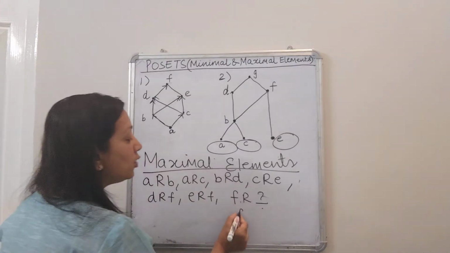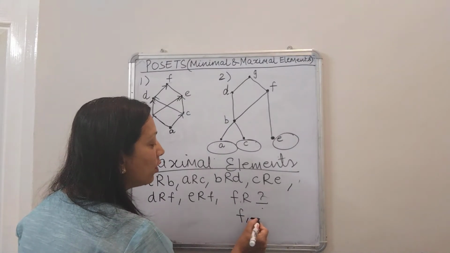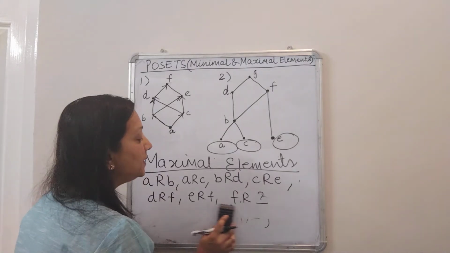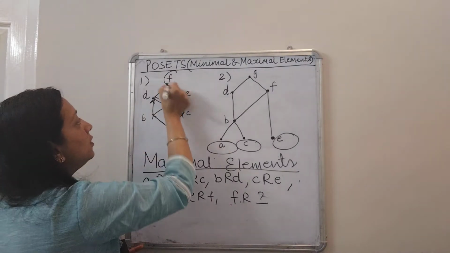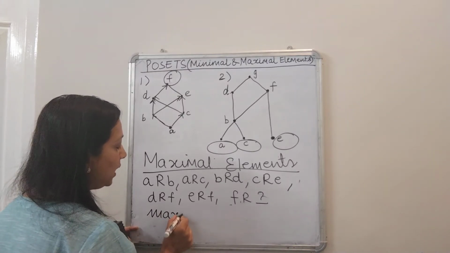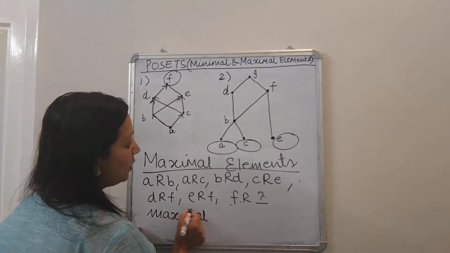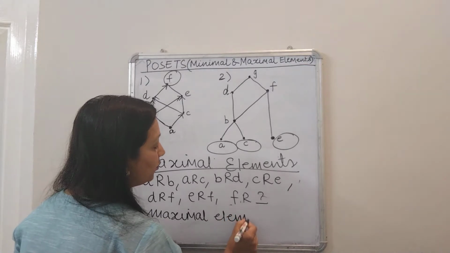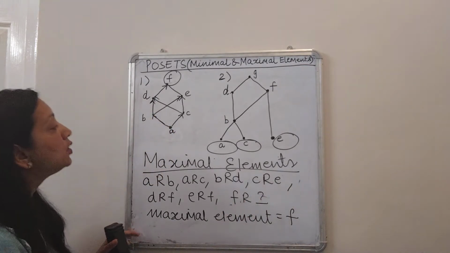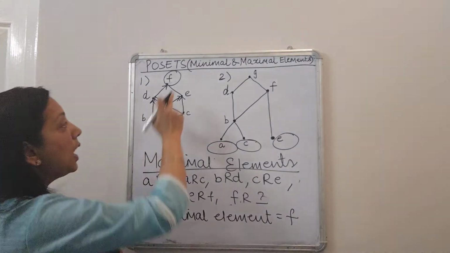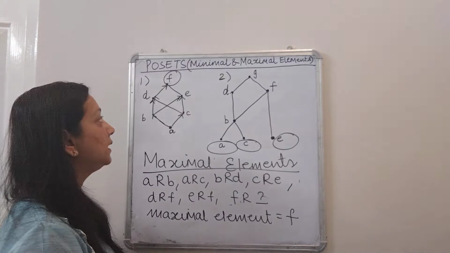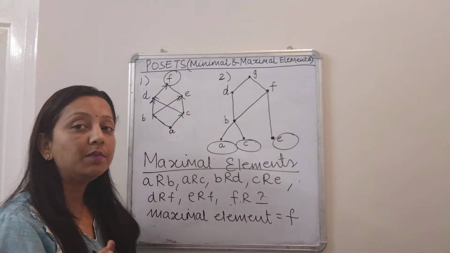There is no ordered pair with F as the first element in the relation. So my maximal element here is F.